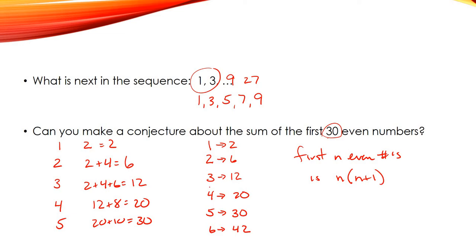So to get the sum of the first 3 even numbers, I do 3 times 4 and get 12. To do the sum of the first 4 even numbers, I do 4 times 5 to get 20. So the sum of the first 30 even numbers would be 30 times 31, which is, I didn't do this, 930. So that would be the sum of the first 30 even numbers.